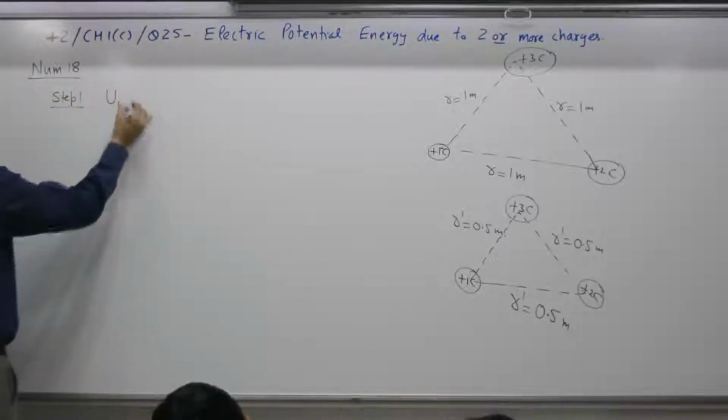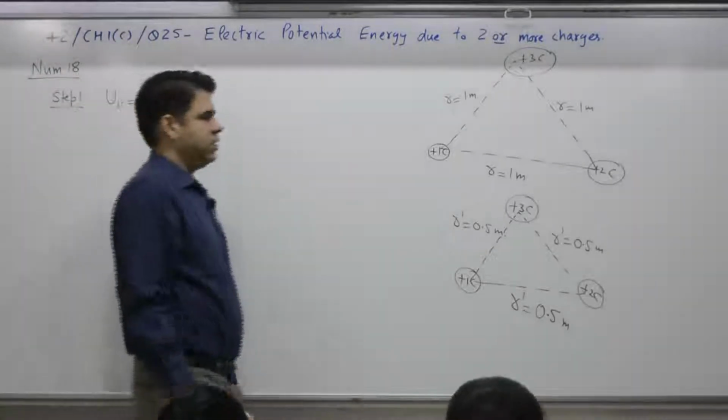Step 1. Initial energy is equal to what? Combination: how many pairs are possible?